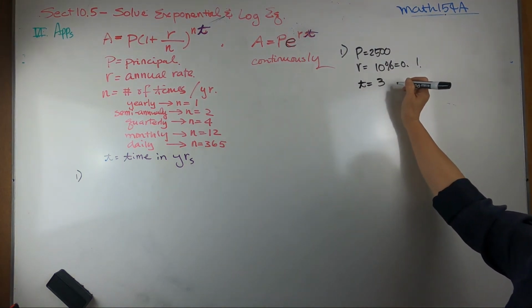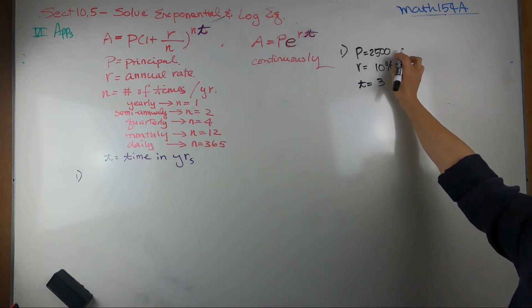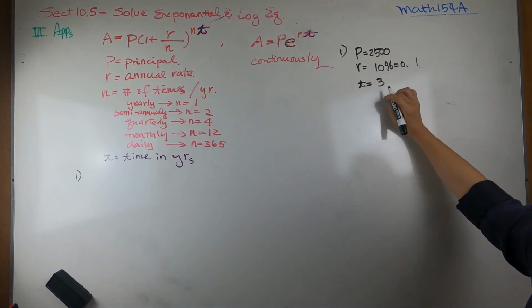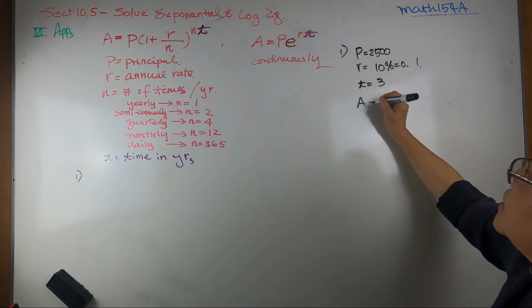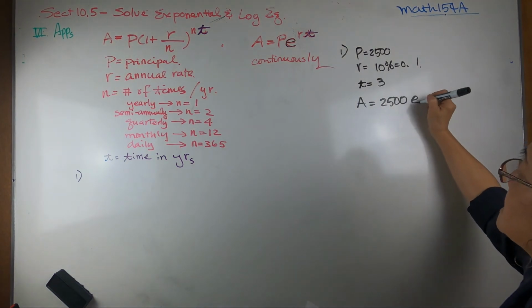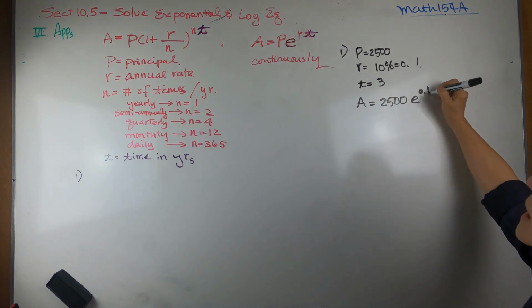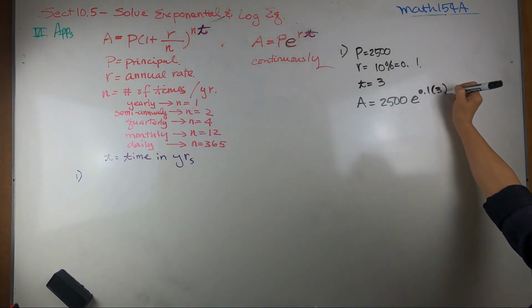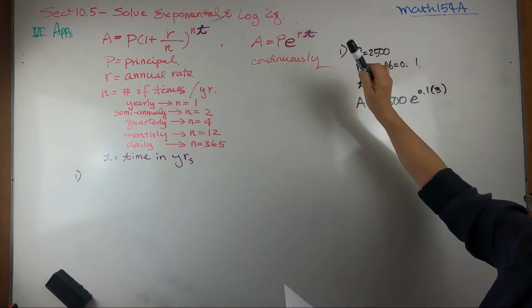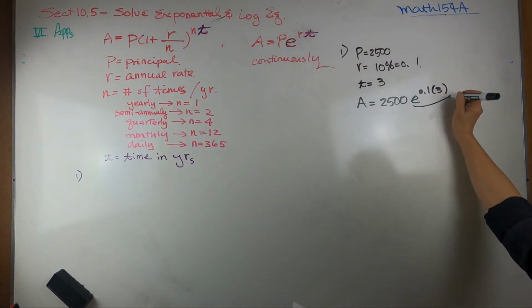So how much total will you have if you put $2,500 in a CD at 10% for 3 years? So your A should be what? You just plug in 2,500 times E, base E, R is 0.1 times 3, T. Okay? So you plug in, you find the value first.